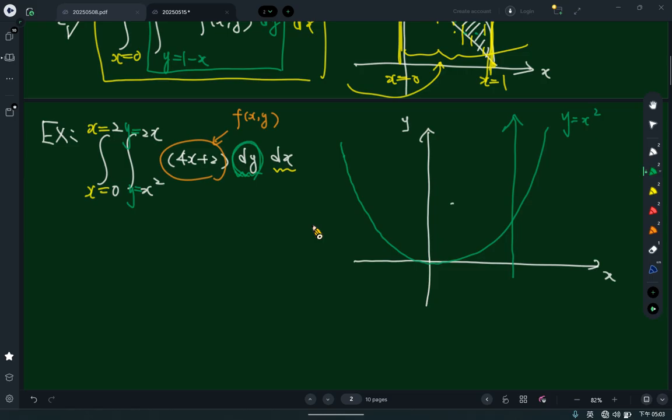Then the end line is y equals 2x, so it will be something like this. This is y equals x. Then dy first. So the region will be enclosed by y equals x squared and y equals 2x.